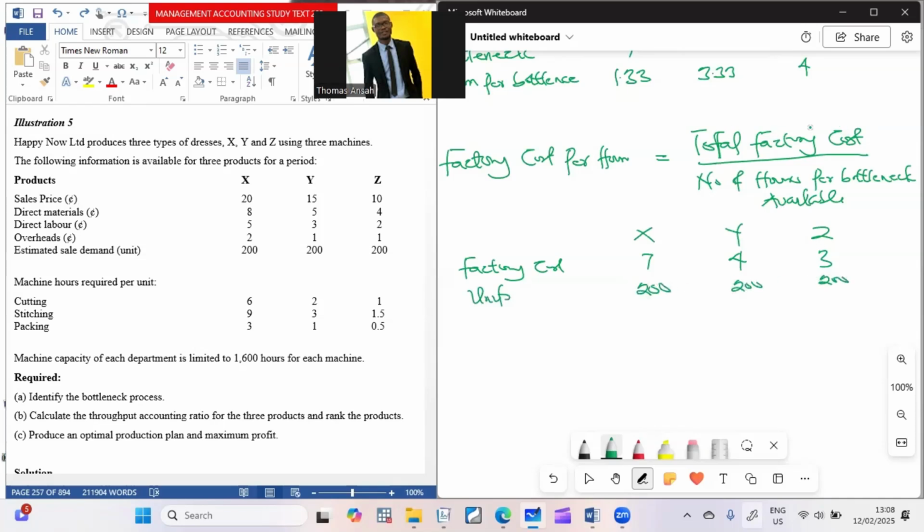So the total factory cost, therefore, is going to be here. Here is going to be 1,400. I think here is 800. Then this one is 600. So we've seen the total cost.